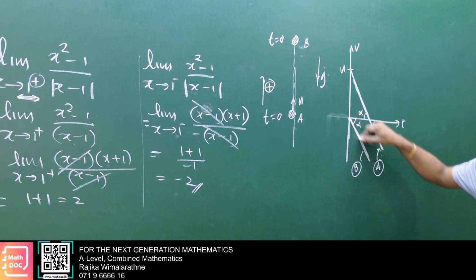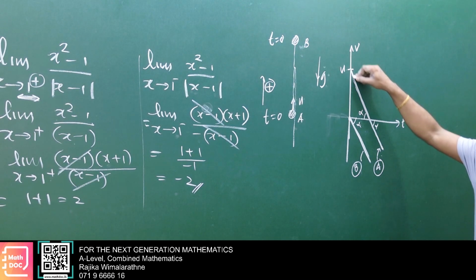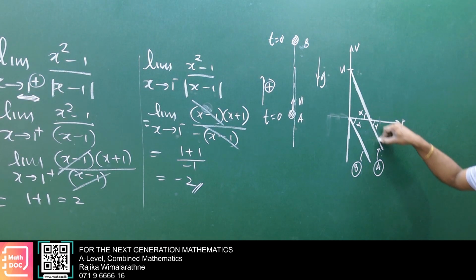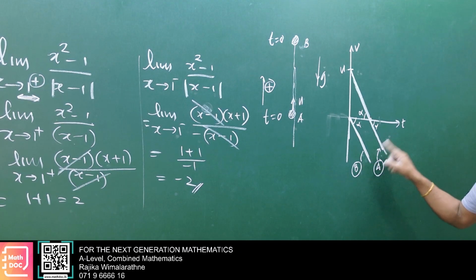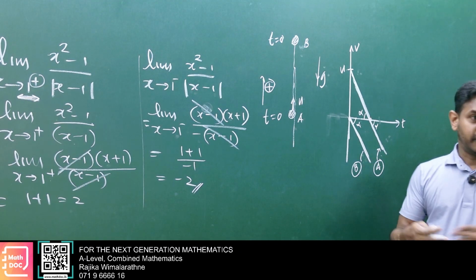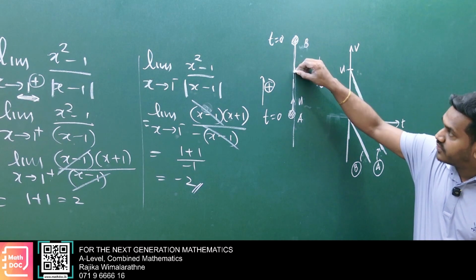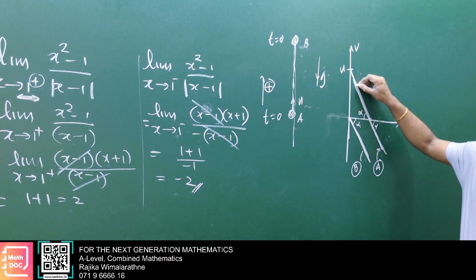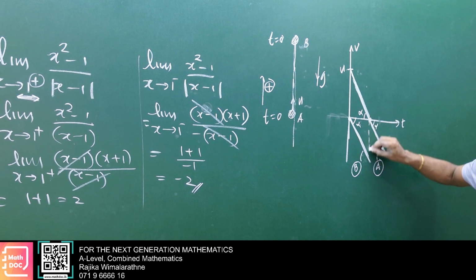B starts at rest with a gravitational acceleration downward. Here A starts with velocity u upward, then here maximum height, it goes downward. So anyway, these graphs are parallel. Opposite direction motions. Here first it goes upward, then this goes downward. Therefore first quadrant, fourth quadrant. So here maximum height.